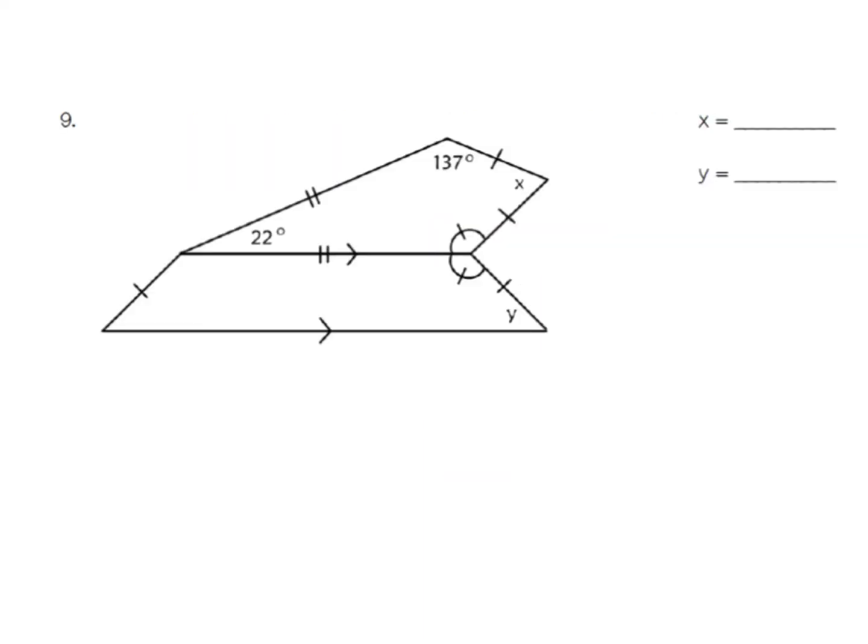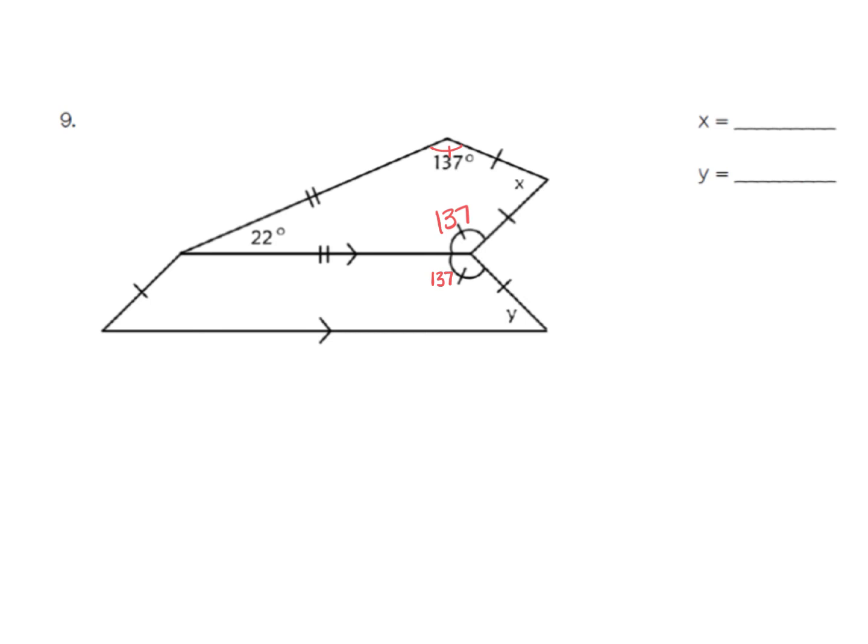All right, for the next one here, the top figure is a kite, the bottom figure is an isosceles trapezoid. With kites, you have to remember that the non-vertex angles here are congruent. So if that is 137, then this angle has to be 137. Then this base angle is marked as being congruent to the angle in the kite, so that has to be 137. Let's go back to our kite and finish that. We know every kite, since it is a quadrilateral, has 360 degrees.